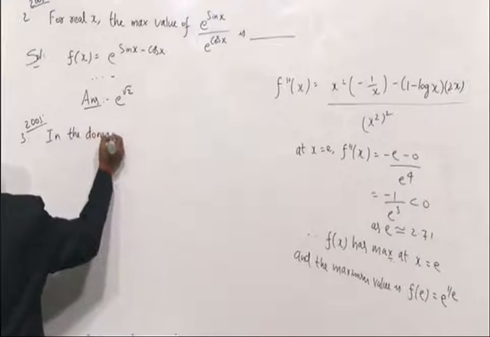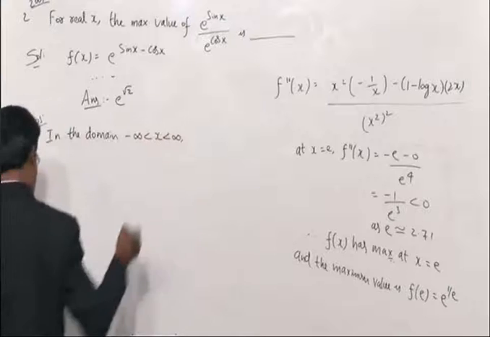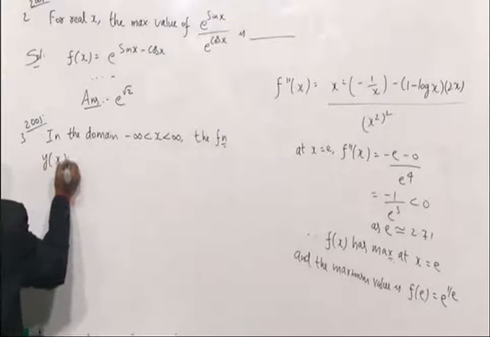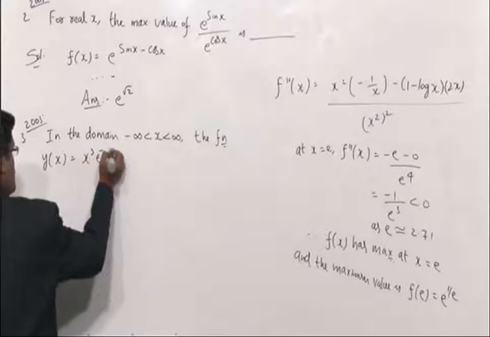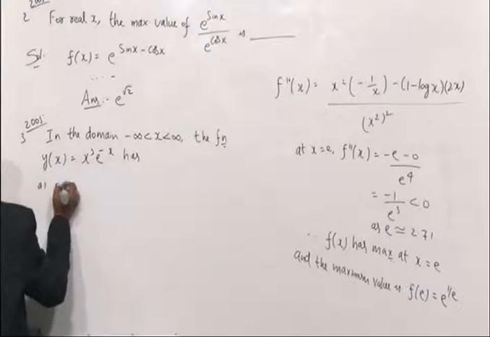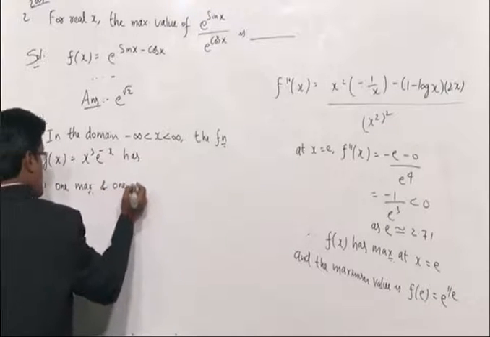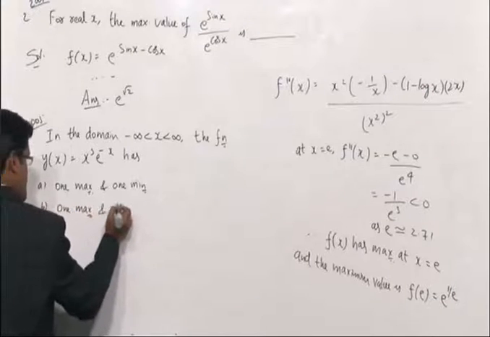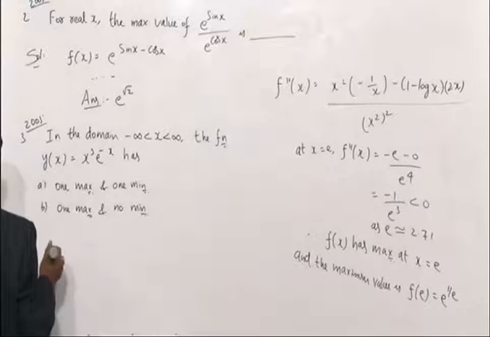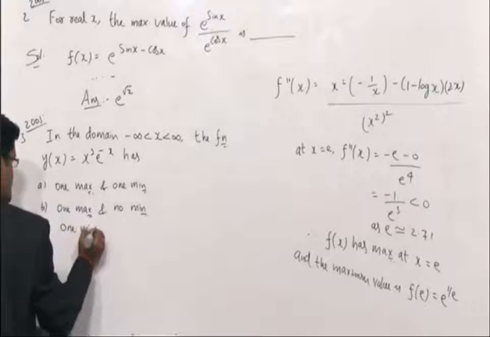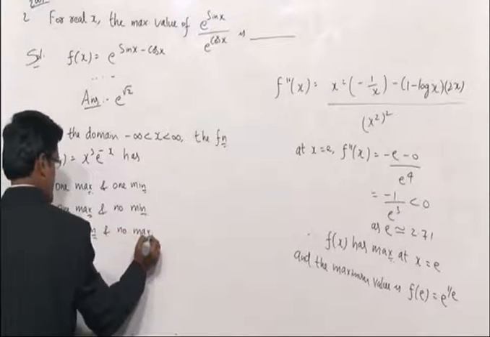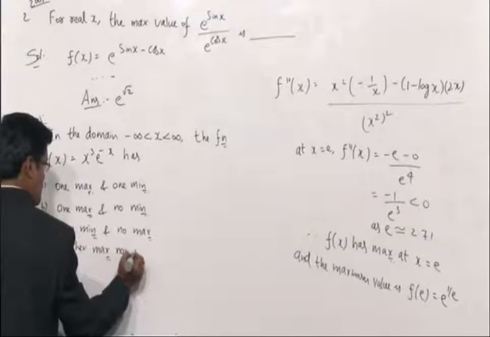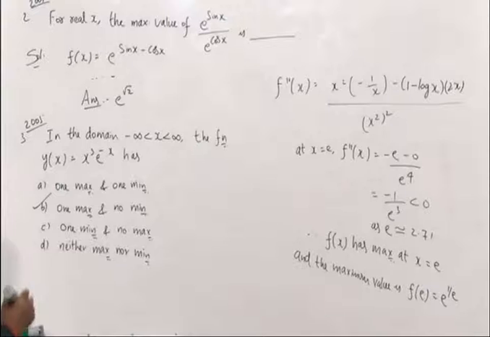In the domain minus infinity less than x less than infinity, the function, instead of f of x, it is given as y of x, x cube e power minus x, has options: 1 maximum and 1 minimum, 1 maximum and no minimum, 1 minimum and no maximum, neither maximum nor minimum. The answer is 1 maximum and no minimum. Later you check.